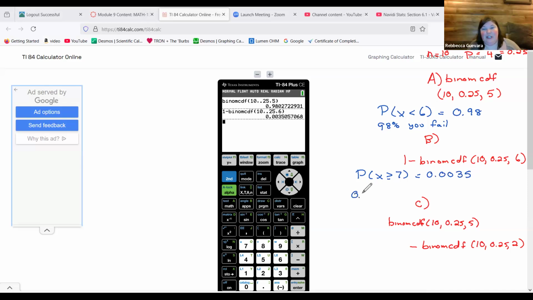So that means there is a 0.35% chance to get a 70 or more. So if you were just guessing at random, once again, without studying, it is a very, very low probability that you're actually going to pass.